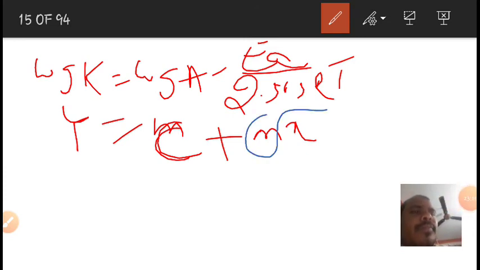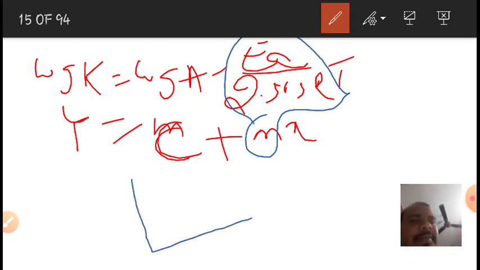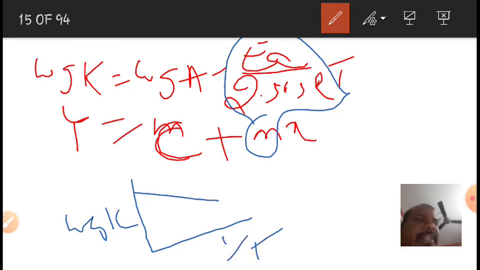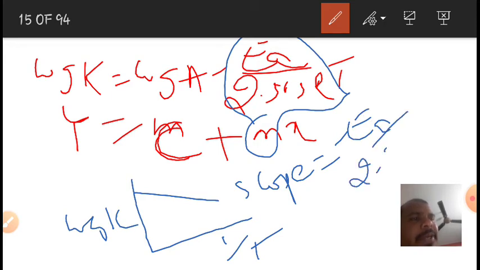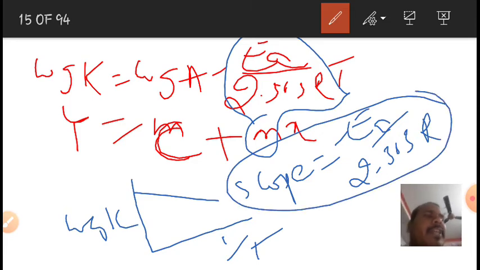Here the slope is minus EA by 2.303 R. If I draw a graph between log k versus 1 by T, I get a straight line with a negative slope, and from this also we can calculate the activation energy.